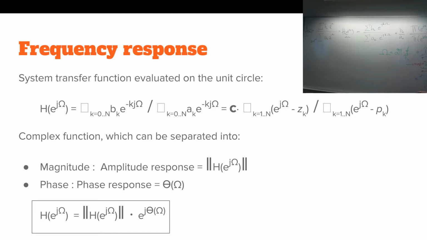Complex conjugate pairs. If you don't have them, then you start having complex numbers here. So these system parameters must be kept real. These are always complex. Good.